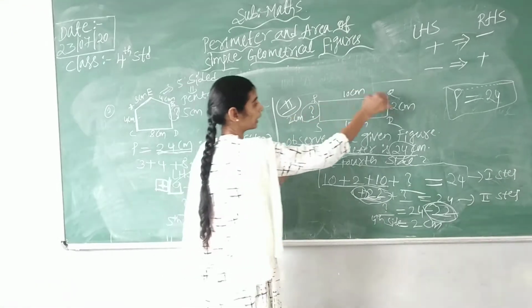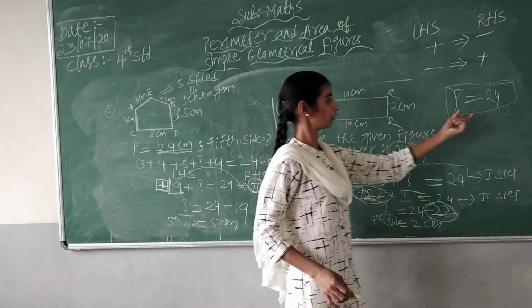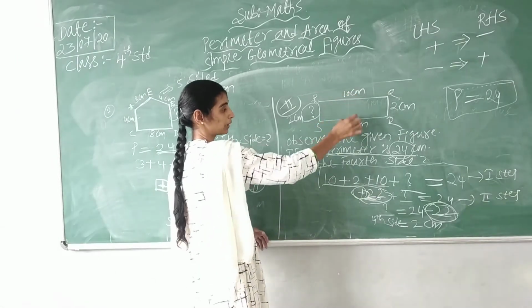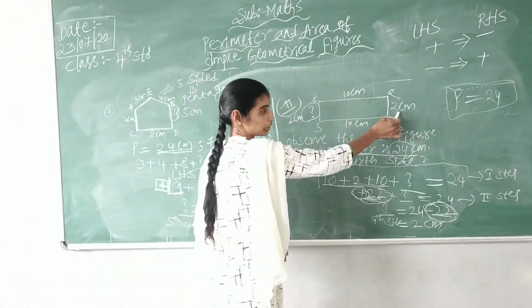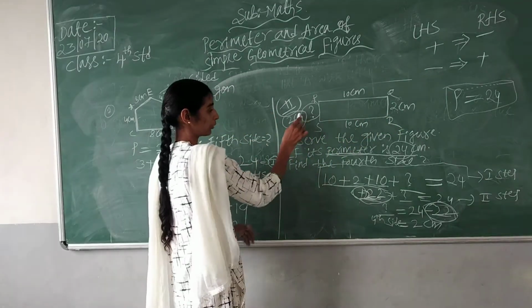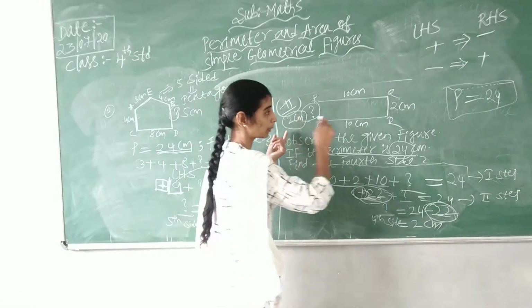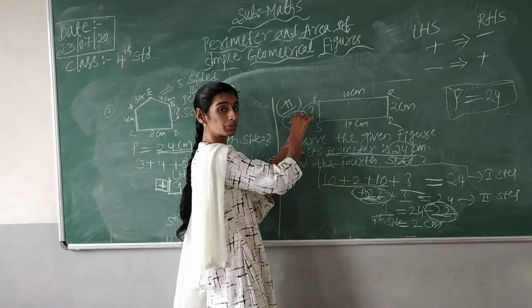Then you have to add all the sides. If you get 24, then your process is correct. So add, children: 10 plus 10 is 20, plus 2 is 22. This side we have found as 2. 22 plus 2 is 24. So our perimeter equals this figure.